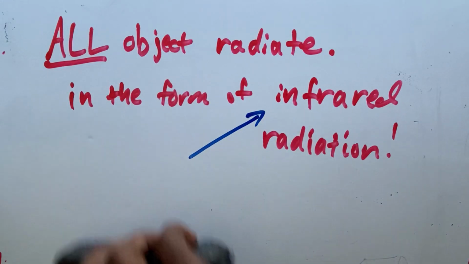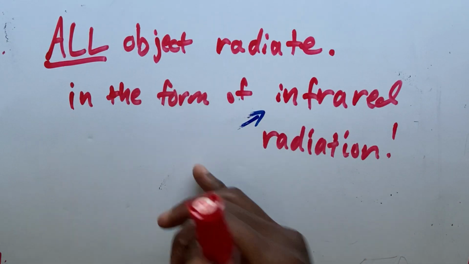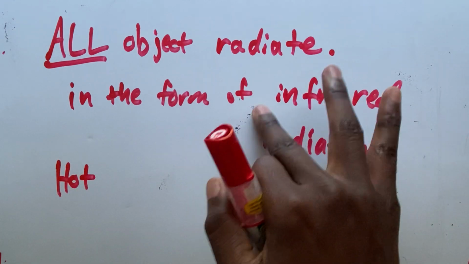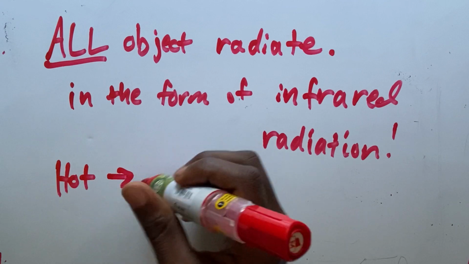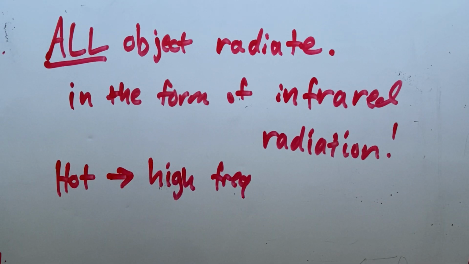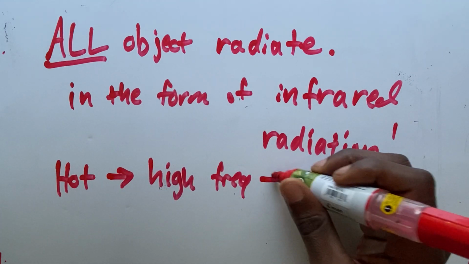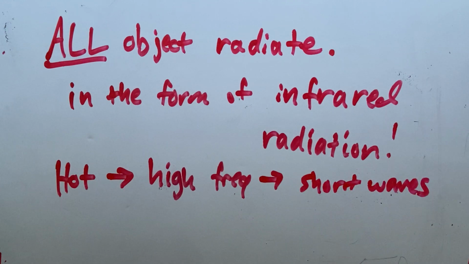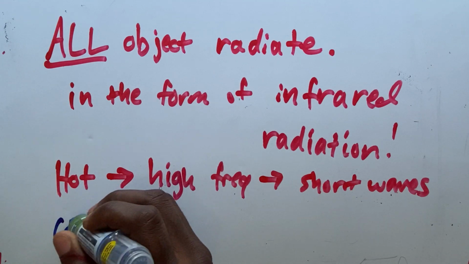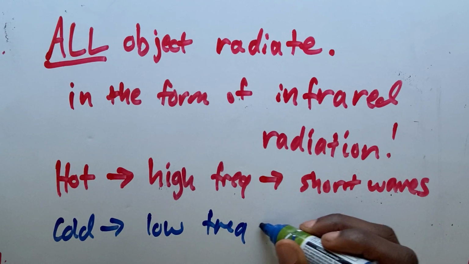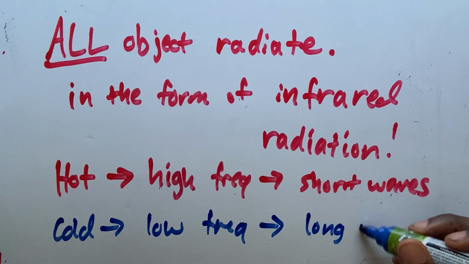So something that's hot is going to have a high infrared radiation, or we could say it has a high frequency. And so if it has a higher frequency, it has short waves. Something that's cold is going to have a lower frequency, but long waves.